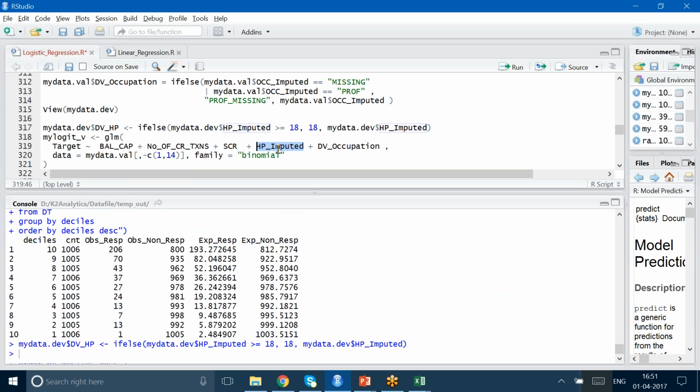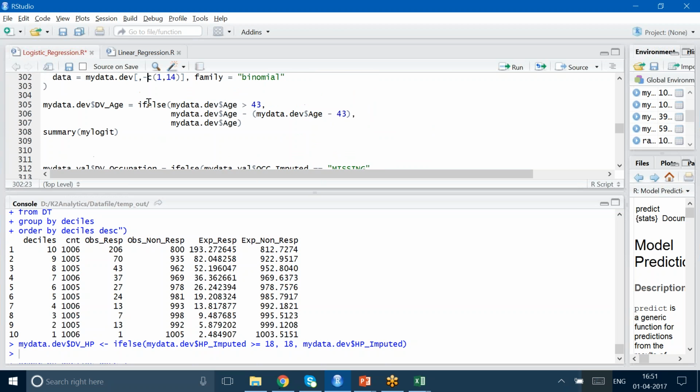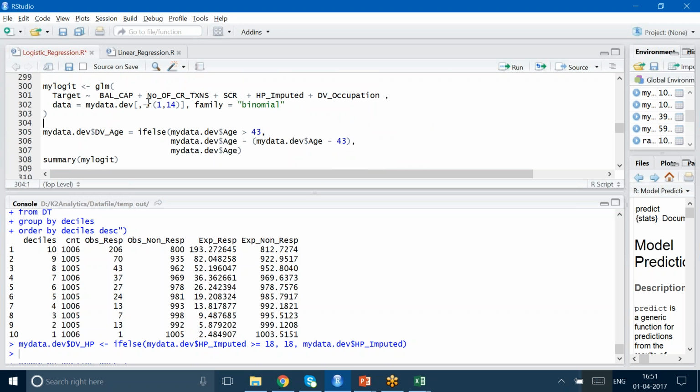Now this variable will go off. This variable will get replaced by dv holding period. No, this is the validation sample. I have to run the model for the development sample. Where is my logic? Yeah, this one. I have to run the model for dv underscore HP.